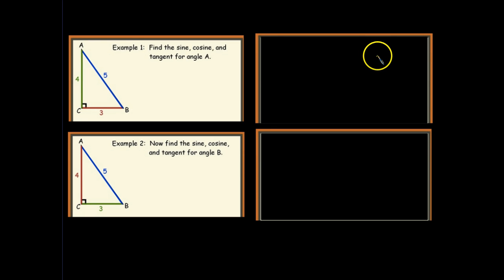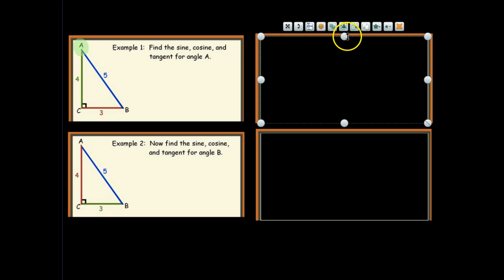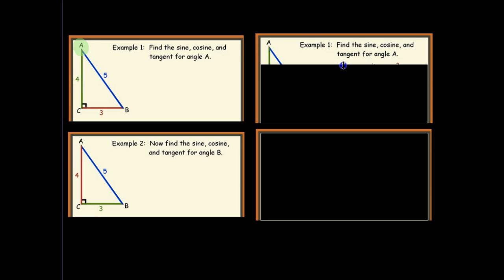In example 1, we want to find the sine, cosine, and tangent for angle A. So again, we're coming up from the top. I'll go ahead and highlight that. Pause the video and see if you can determine the sine and cosine and tangent coming from angle A. Okay, so remember that the sine is opposite over hypotenuse.